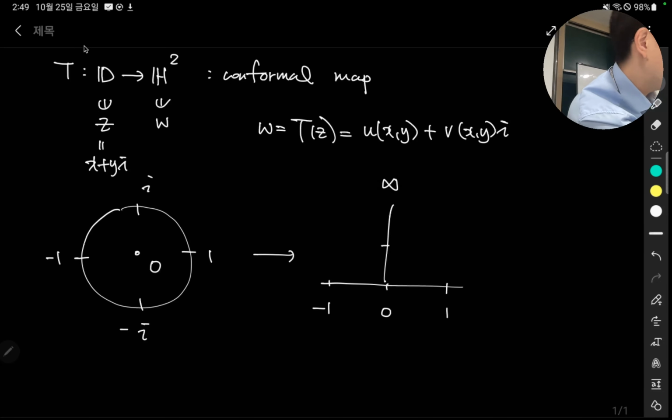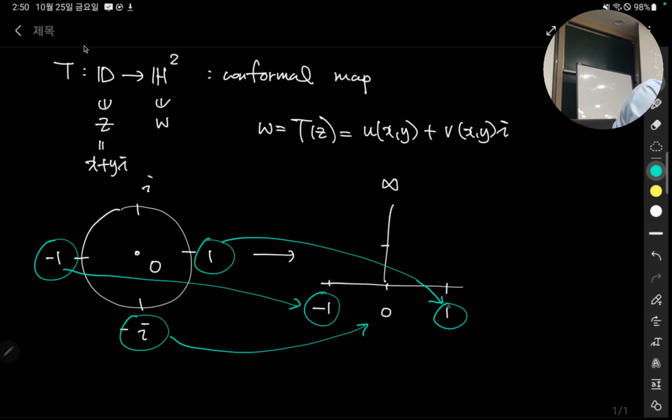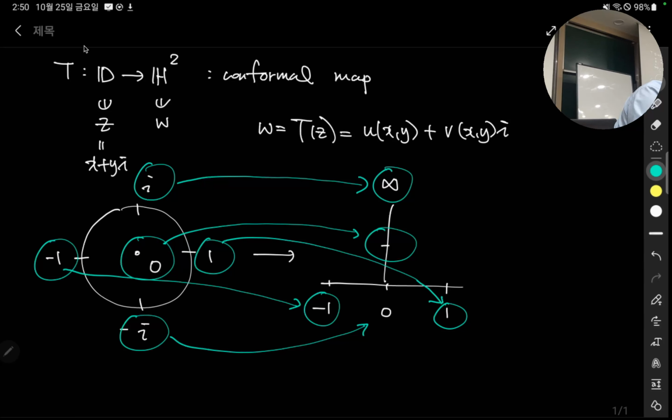Infinity is not a number, but in a conformal mapping like this, you will end up getting infinity as a point that matches one of the points on the boundary. So here's the mapping: minus 1 maps to minus 1, minus i maps to 0, 1 goes to 1, and i goes to infinity, and actually 0 is going to i.